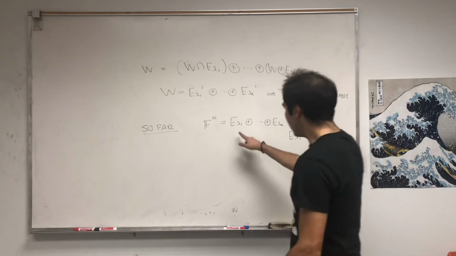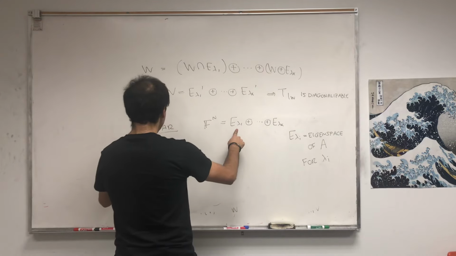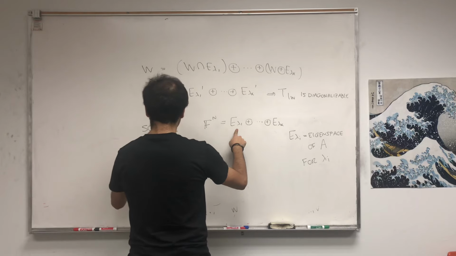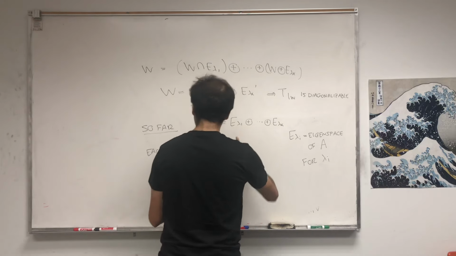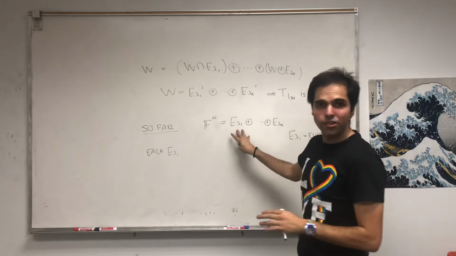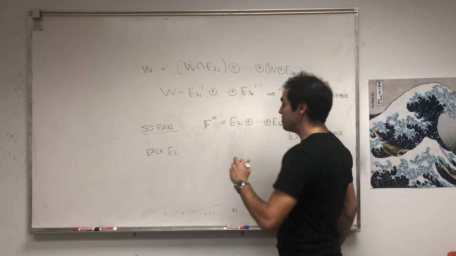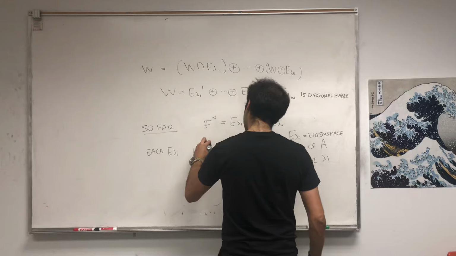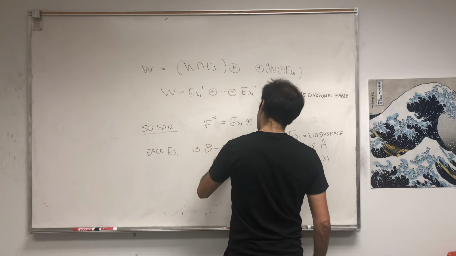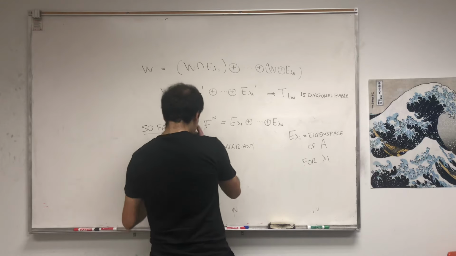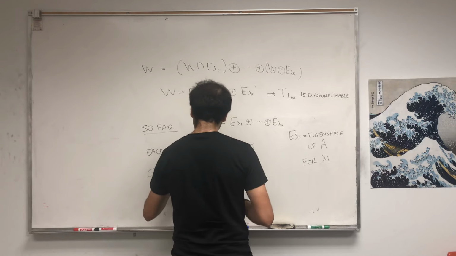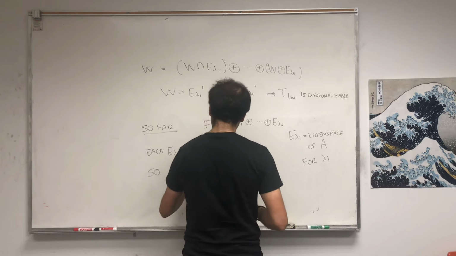Right? On the other hand, we know on each lambda I, E of lambda I, again, the subspace corresponding to A, is B invariant. So, B restricted to E of lambda I now is diagonalizable.